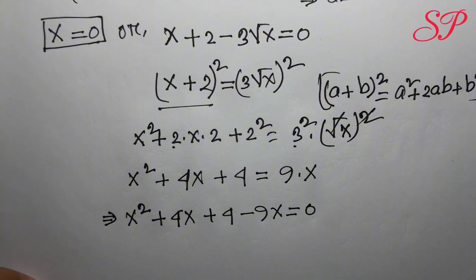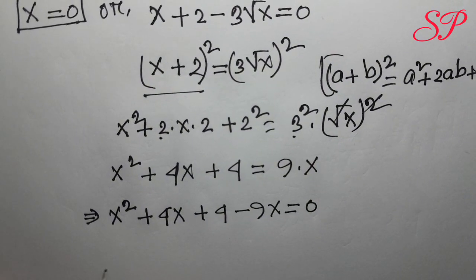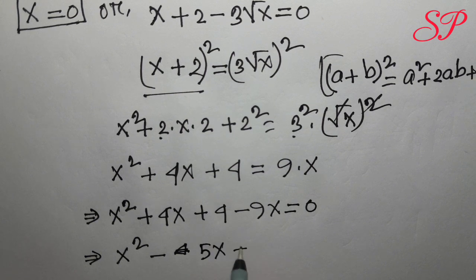Okay friends, here we have plus 4x and minus 9x. So we subtract, and can write x square minus 5x plus 4 is equal to 0.